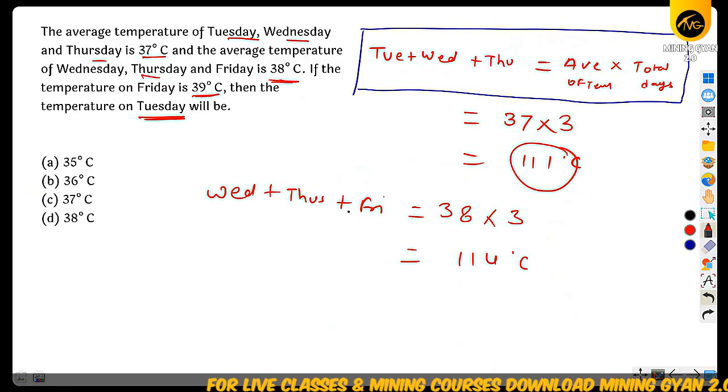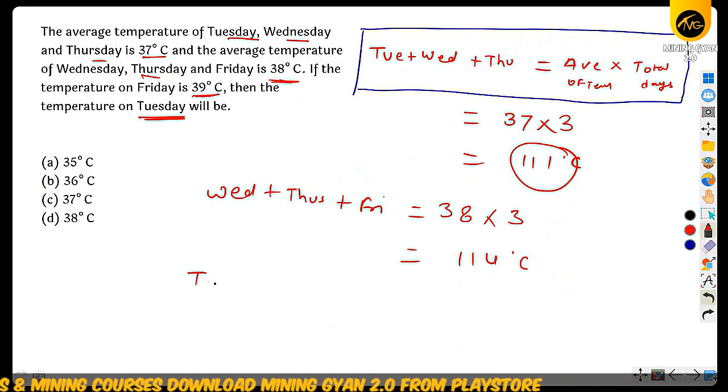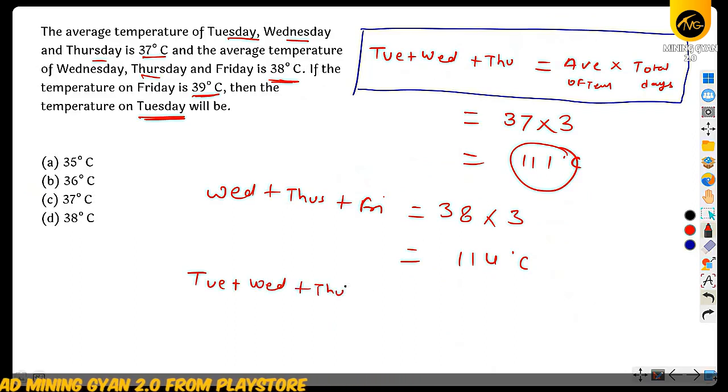Now just find out the difference between these two temperatures. We can write it like this: Tuesday plus Wednesday plus Thursday. This is the first portion.